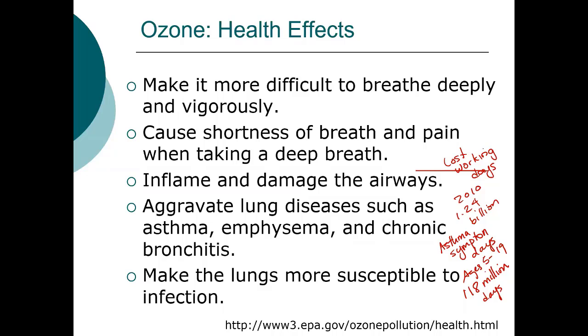So you can see this is very significant. And as a result, ozone is a regulated pollutant under the Clean Air Act. So we do have a National Ambient Air Quality Standard.